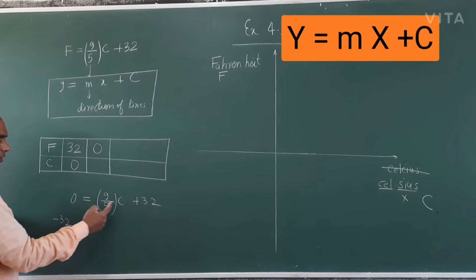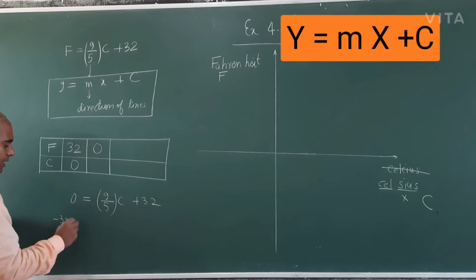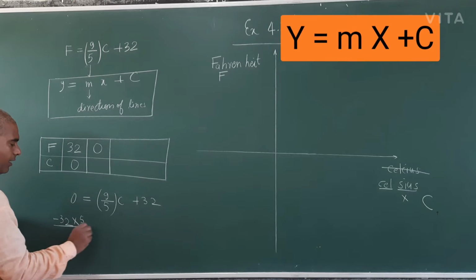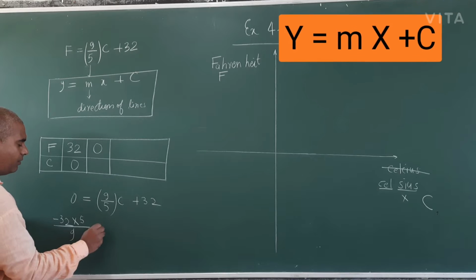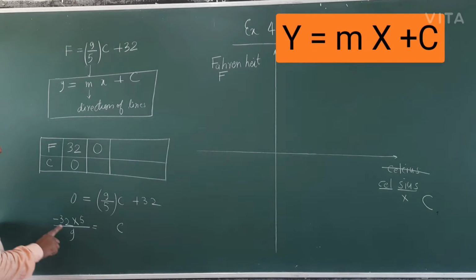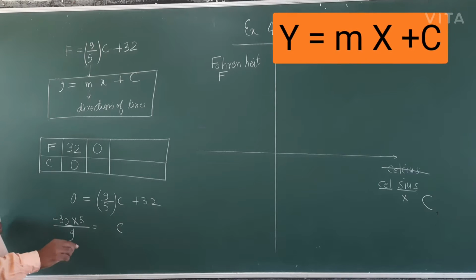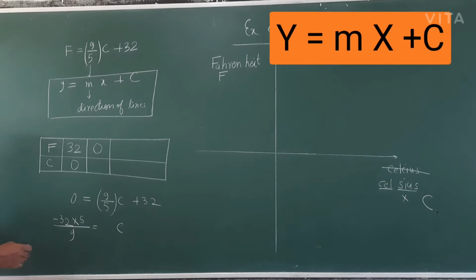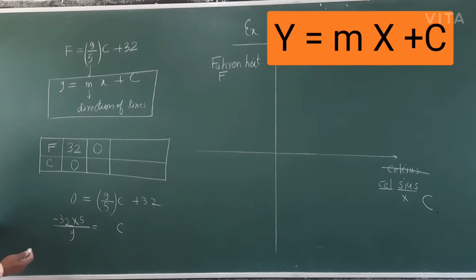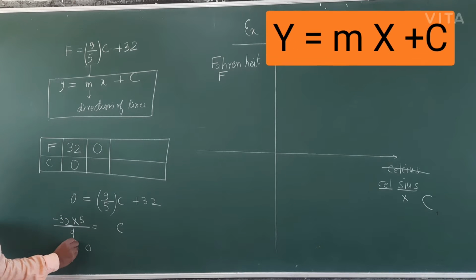After that, 9 upon 5 times C, multiply by 5 and divide by 9. You will get the value of C in minus. It is not in natural numbers. Just write: 5 times 32 is 160, upon 9.